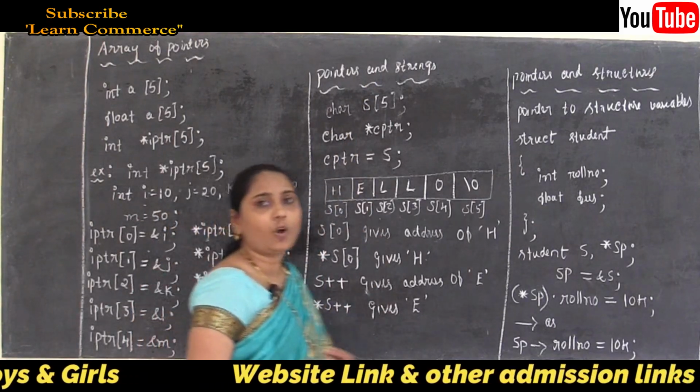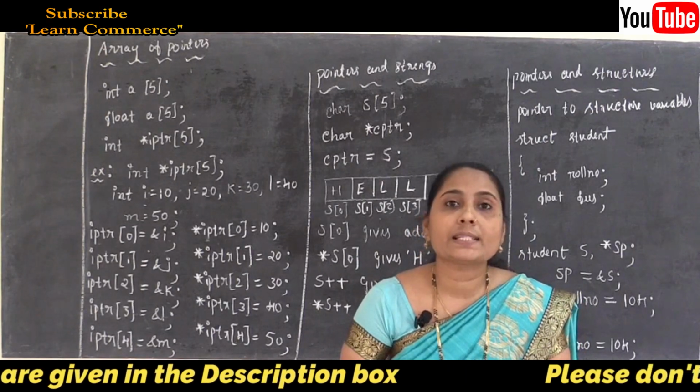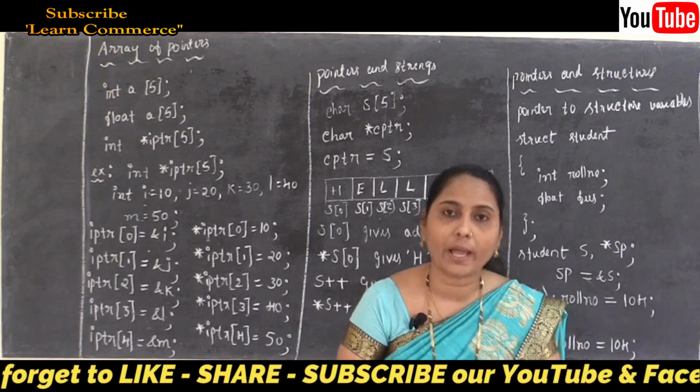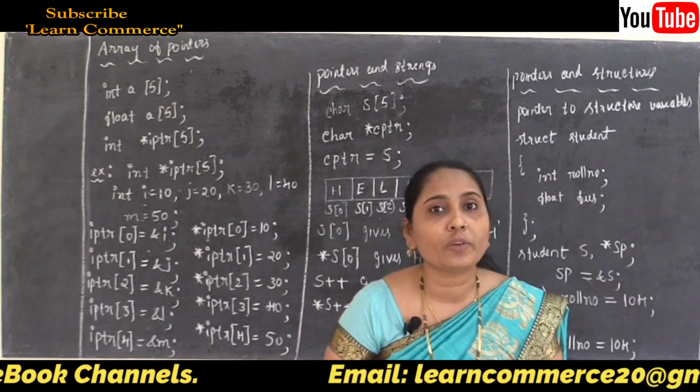Now what is the meaning of strings? Because we know that a string is a sequence of characters. So what do you mean by a sequence of characters? The meaning of sequence is a group of characters, correct?